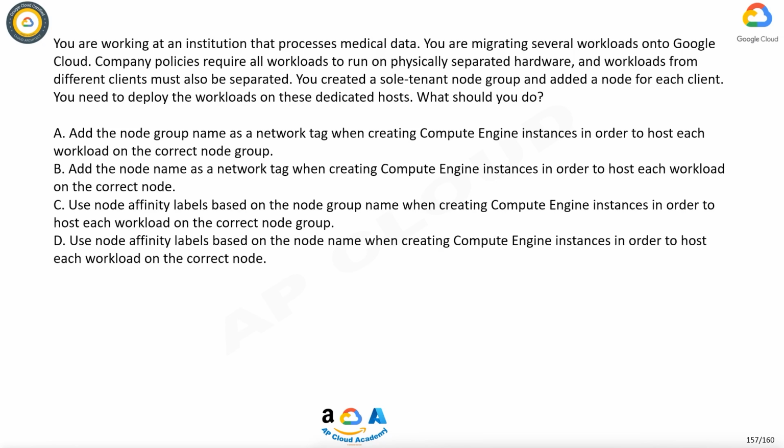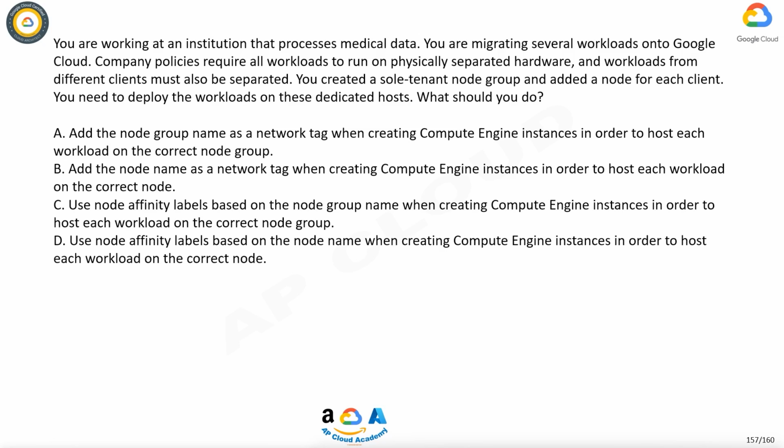A. Add the node group name as a network tag when creating Compute Engine instances in order to host each workload on the correct node group. B. Add the node name as a network tag when creating Compute Engine instances in order to host each workload on the correct node. C. Use node affinity labels based on the node group name when creating Compute Engine instances in order to host each workload on the correct node group.